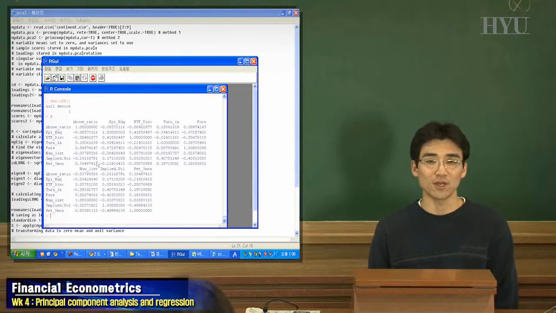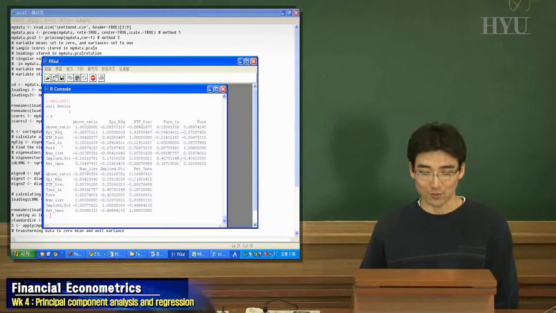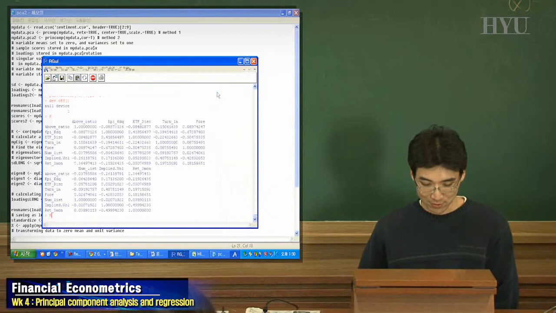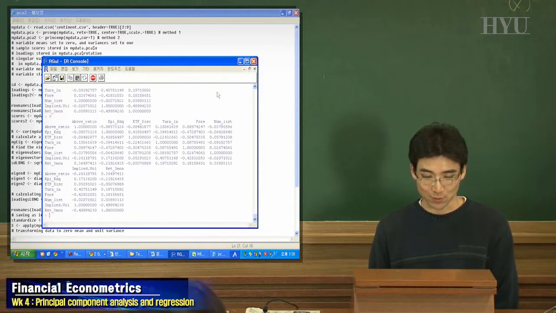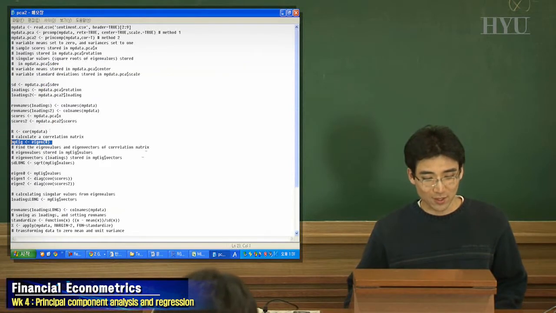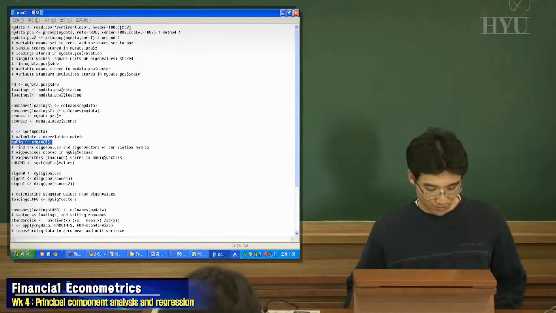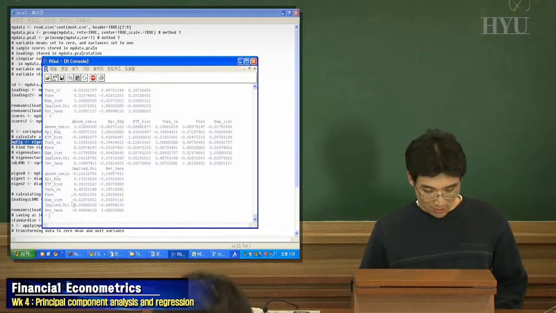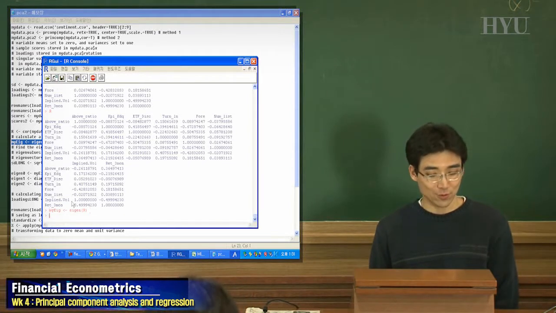It is a correlation matrix, correlation between this and this. And then here I did eigenvalue decomposition using the correlation matrix.